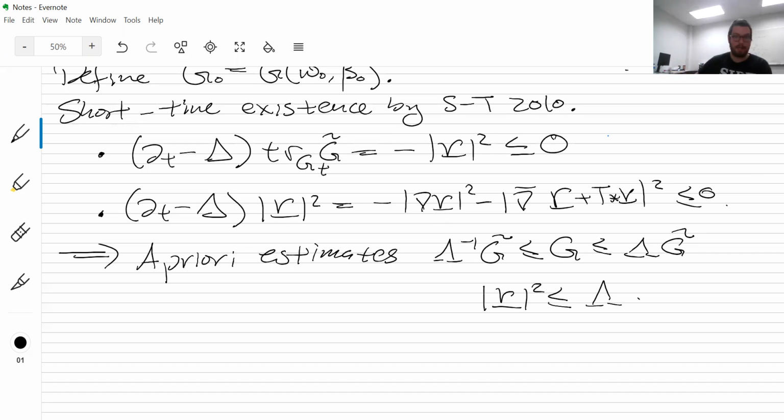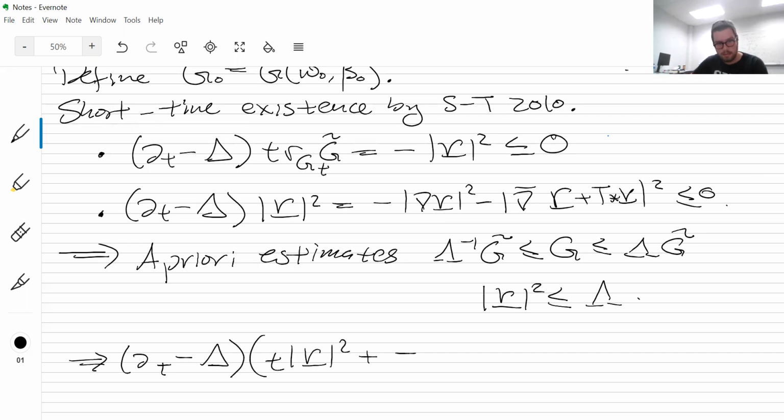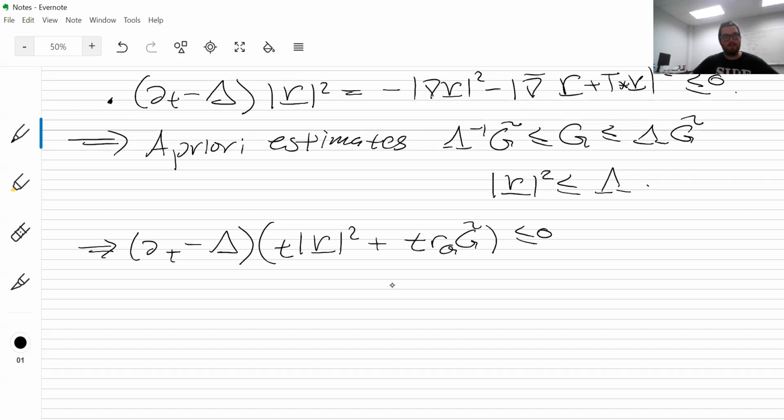And then you can just bootstrap from here. Well, really, this also implies that this quantity is non-positive, and that lets you do parabolic bootstrapping, right?